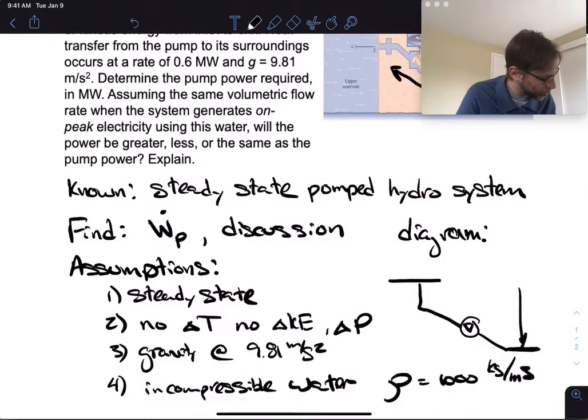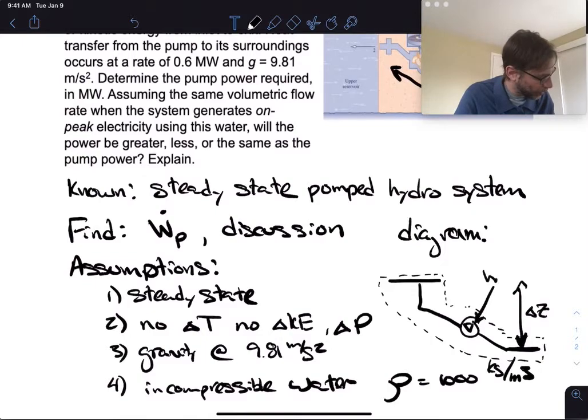So this is the delta Z, some change in elevation. My control volume, I'm just making this really basic, is the overall system here. And then there's some work going in here. Actually, I usually draw work coming out, so it's going to be negative work. So there's work out of the pump. Okay, so there it is. That's our control volume. This is the upper reservoir, and this is the lower.